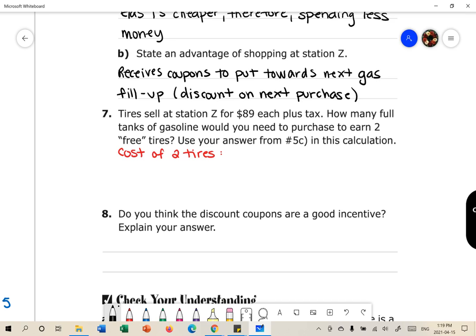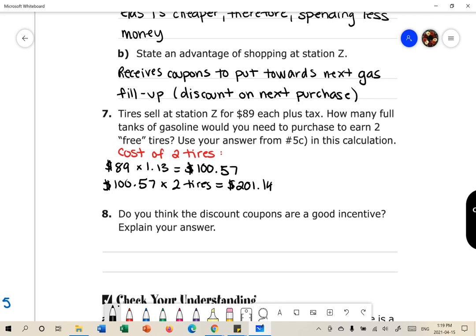So one is $89, and I'm going to add tax to that. So one tire after tax is $100.57. And I'm going to multiply that by 2 to determine the price of 2 tires. That's a $201.14.